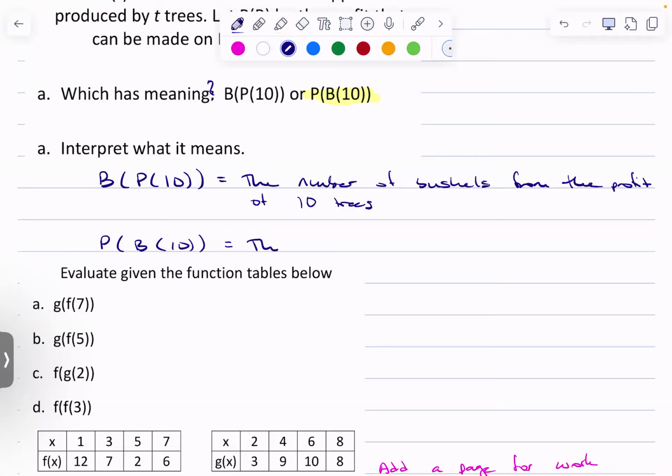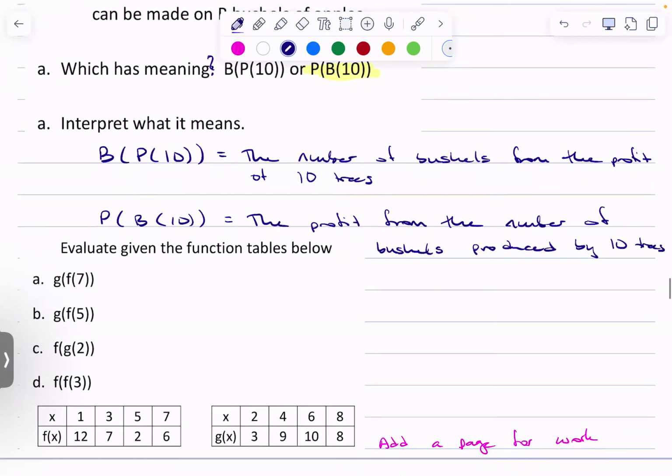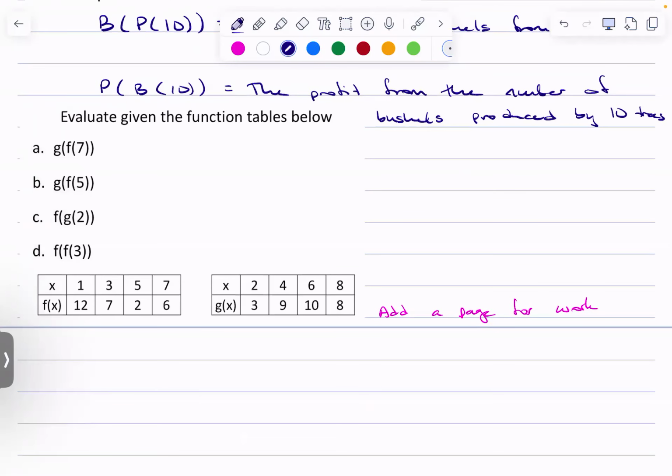And so this is the profit from the number of bushels produced by 10 trees. That's tricky, right? That takes practice, right? But it is a nice way of introducing function composition, which we use a lot.